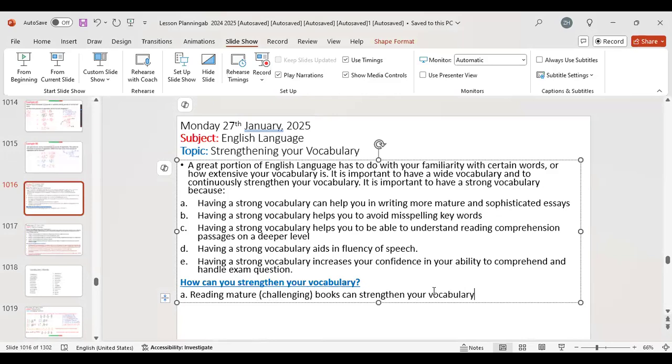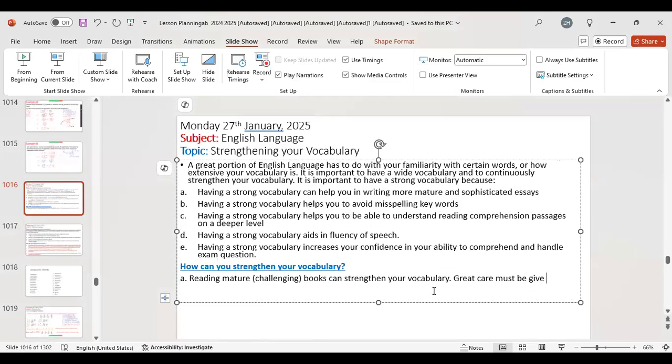Great care must be given to the type of books that are chosen.